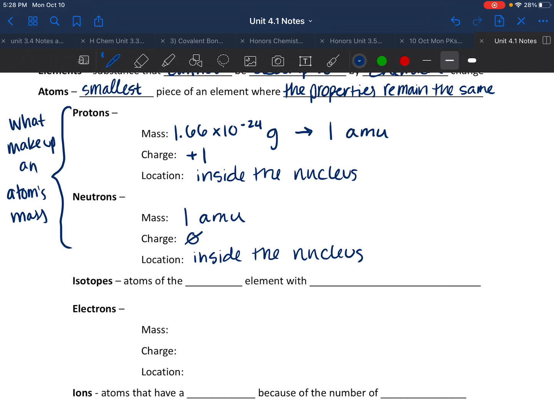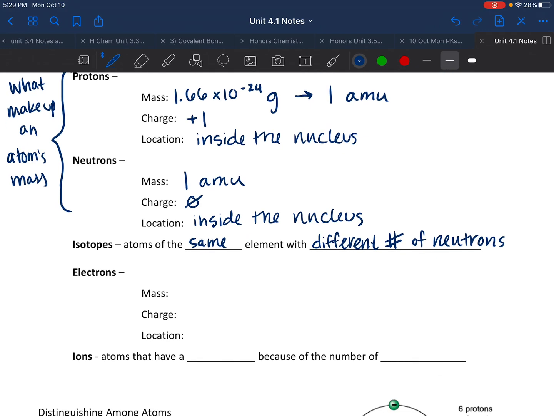What isotopes are? They're atoms of the same element with different numbers of neutrons. We're going to talk about why that's how isotopes are, why it can't be protons.